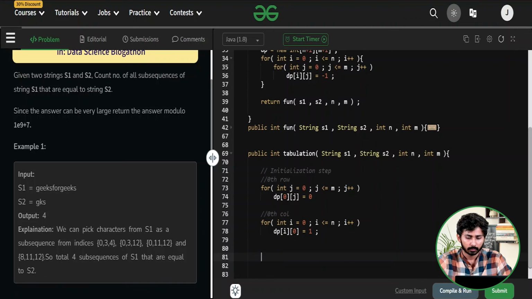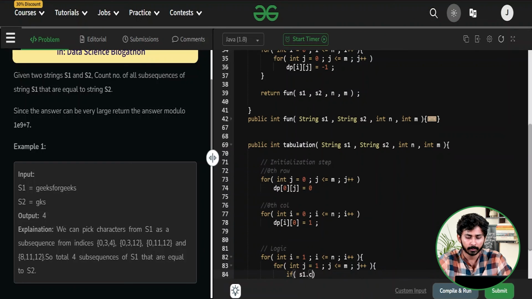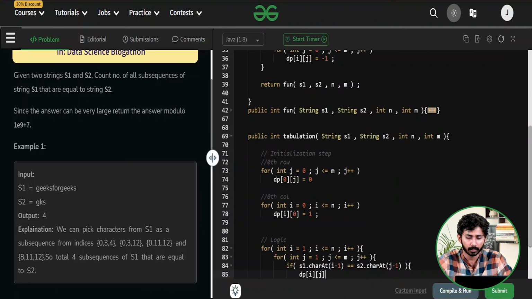So now the logic. For integer i equals to 1, i is less than or equal to n, i plus plus. For integer j equals to 1, j is less than or equal to m, and j plus plus. Now let's say if s1 dot character at i minus 1 is equivalent to s2 dot character at j minus 1, if they are matching, then dp of i comma j will be dp of i minus 1 and j minus 1 plus dp of i minus 1 and j.